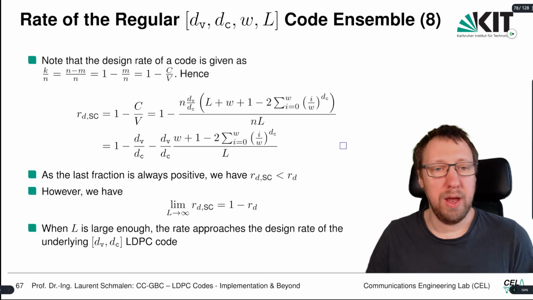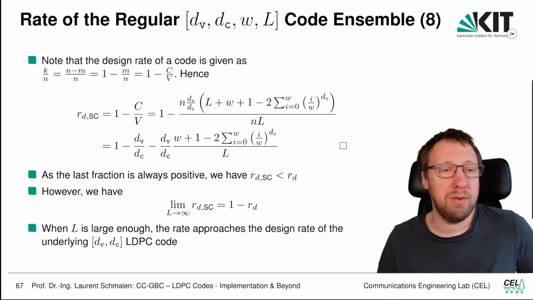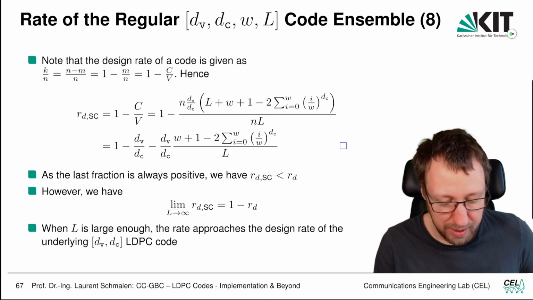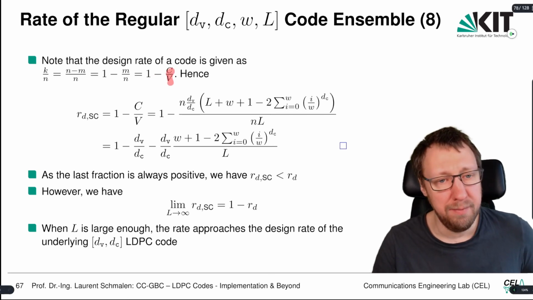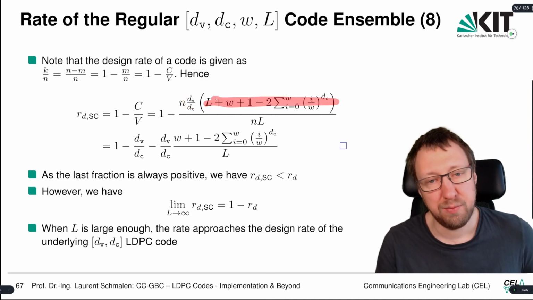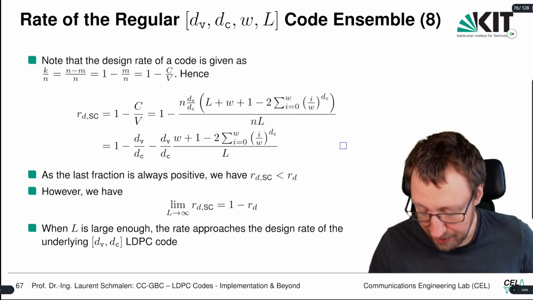So then we factor out the rate of the code. So it's 1 minus dv over dc. And then we just put everything that we have: n times dv times the simplified expression divided by n times L.